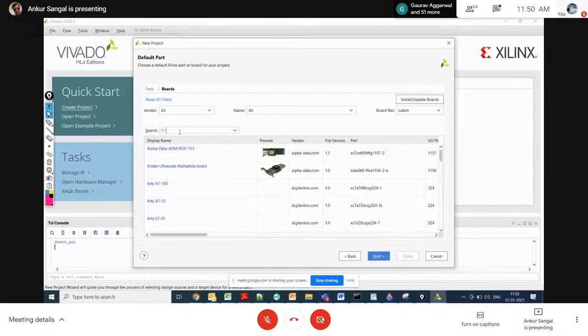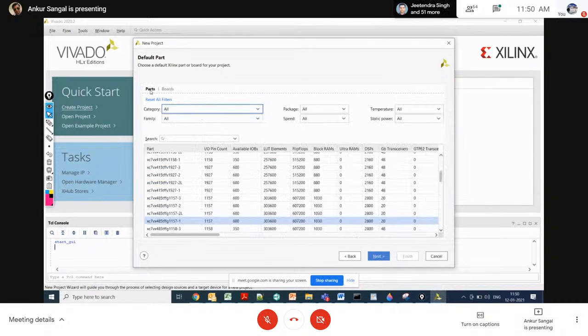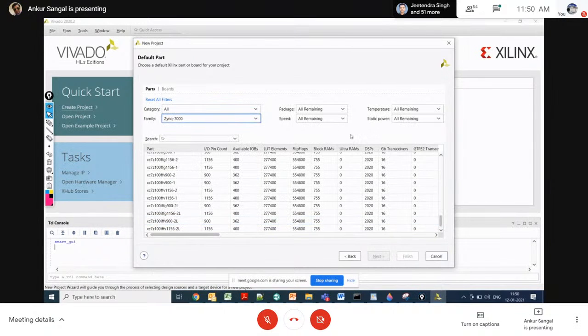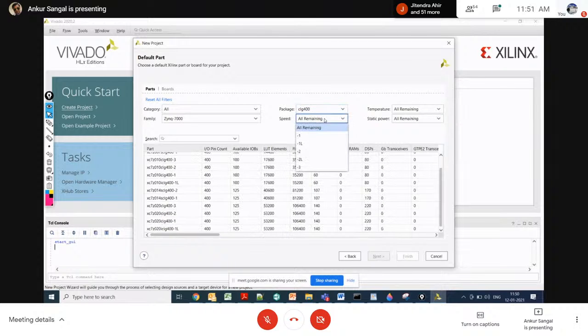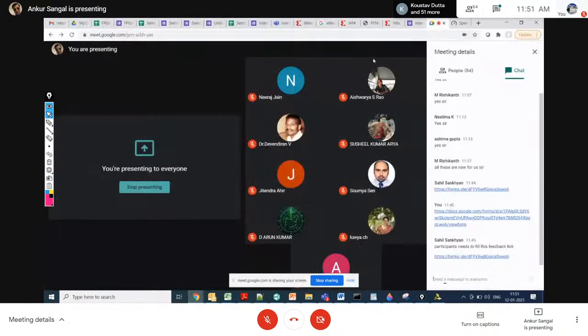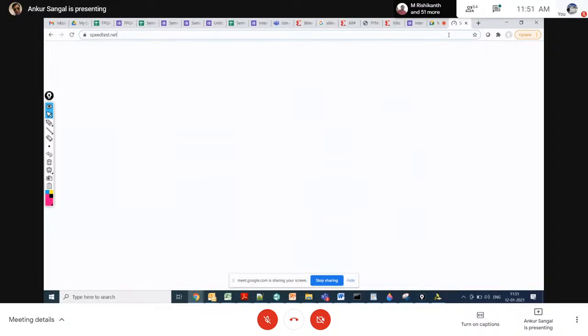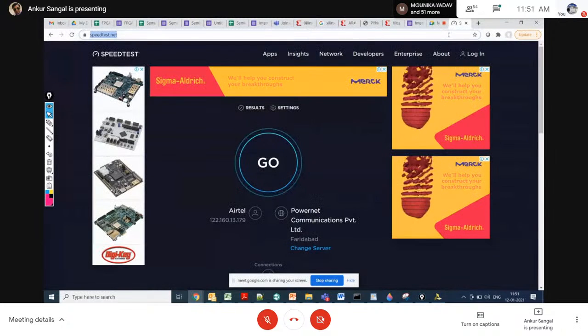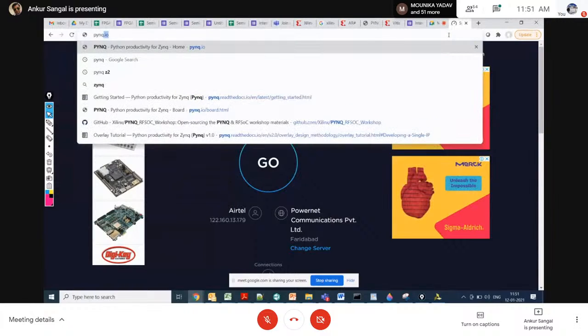If it is not showing in this list, you can go to the family, Zynq 7000, package CLG400, speed grade -1. But if you want to check whether you have selected the perfect combination, you can type the PYNQ-Z2 board name here.